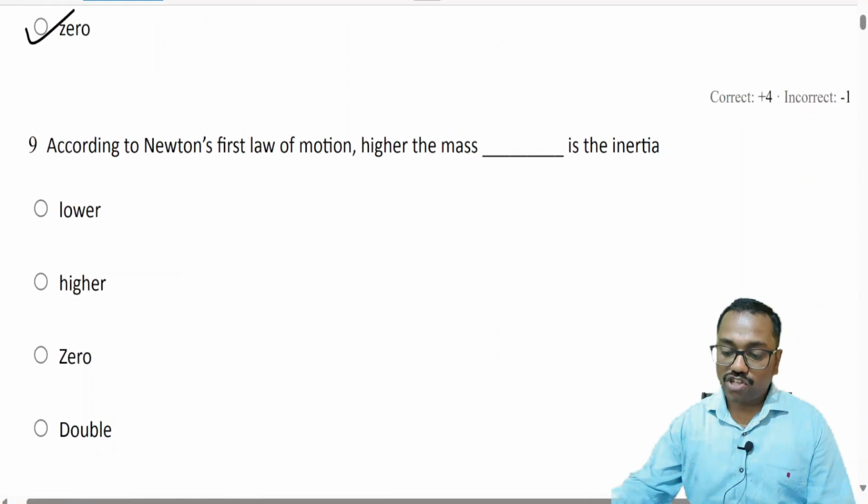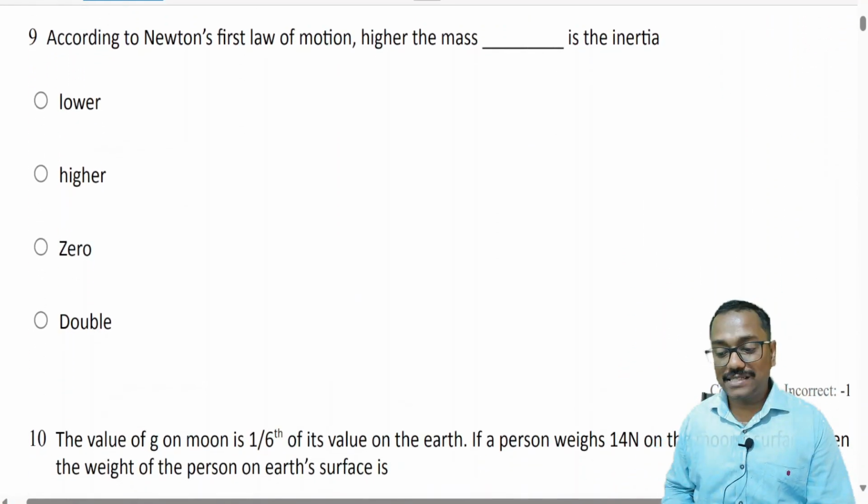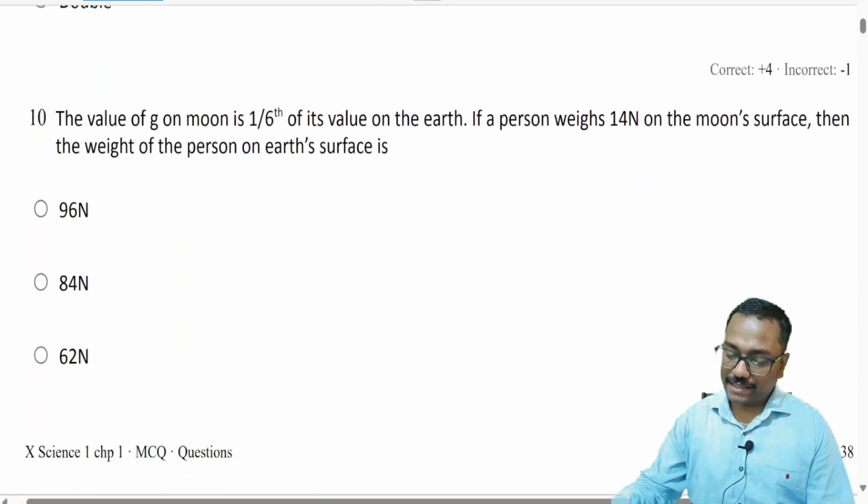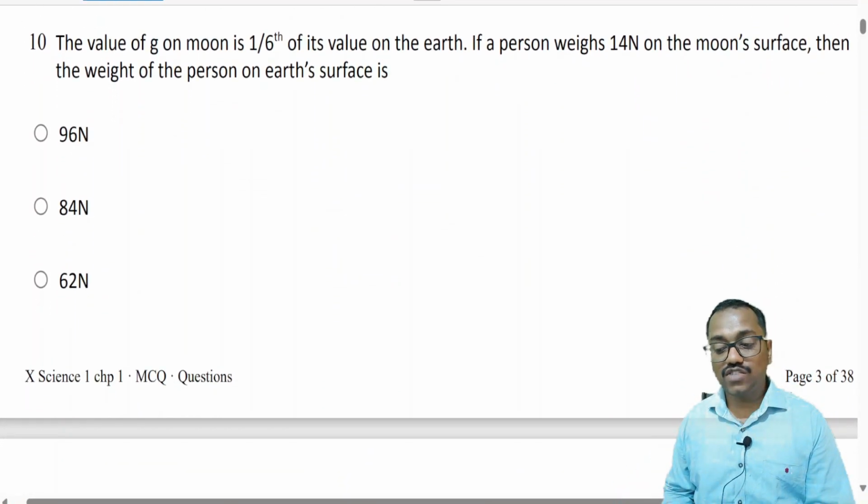Next is question number 9. According to Newton's first law of motion, higher the mass, dash is the inertia. So option 1 is lower, option B higher, option C 0, and option 4 double. So its answer is higher. Next, question number 10. The value of g on the moon is 1/6 of its value on the earth.